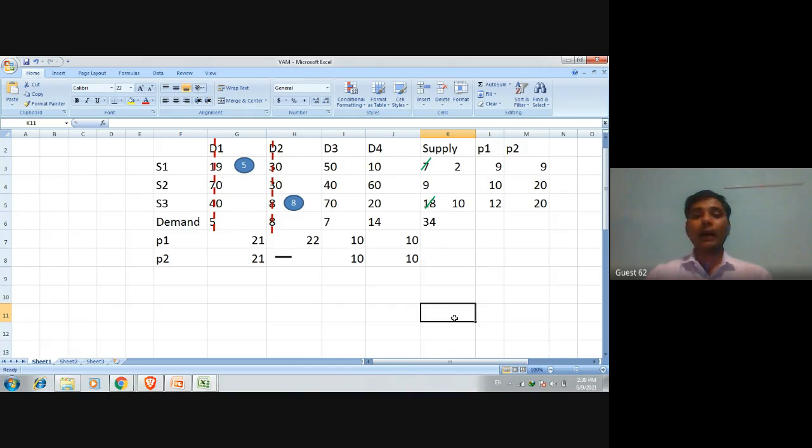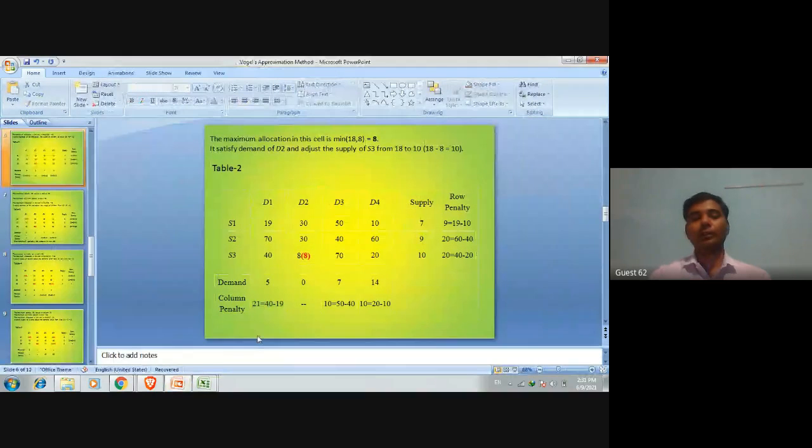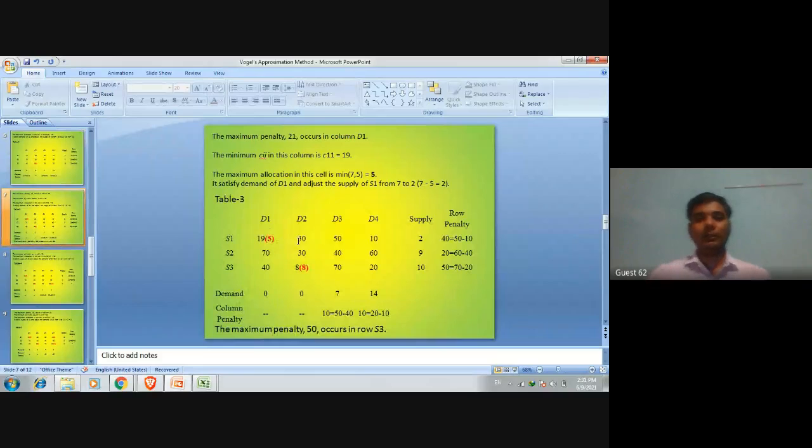Anything else left? No. Again, we will check the penalty P3, and also look at all these activities in the PPT. I have also allocated 5 units to cell S1 D1, which has minimum cost.